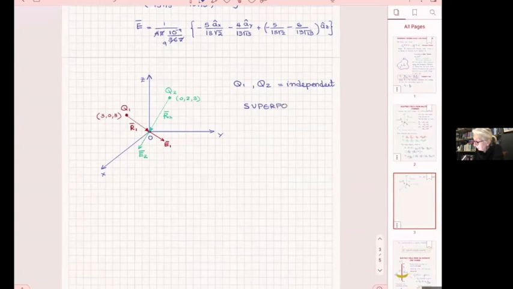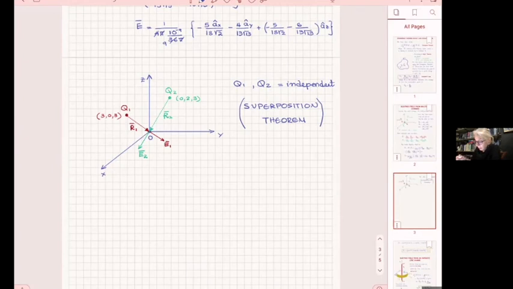Have you heard about this? Yes. All right, perfect. Superposition theorem, there are two conditions to apply superposition. What does superposition mean? It means that you can find the field from one source separately, like an independent problem, the field from the other source, like an independent problem, and then you sum the two fields.